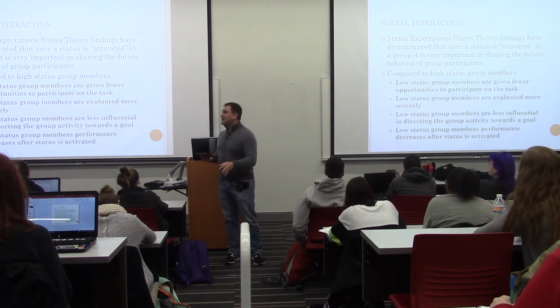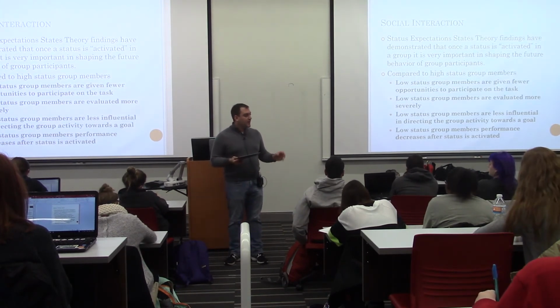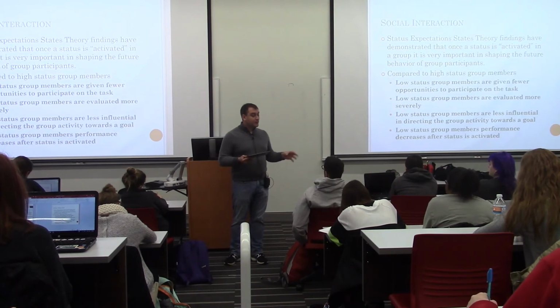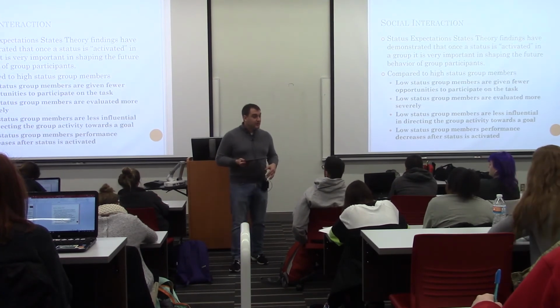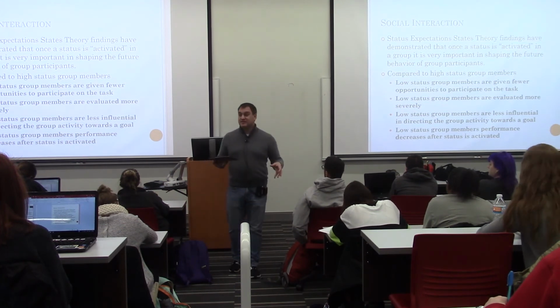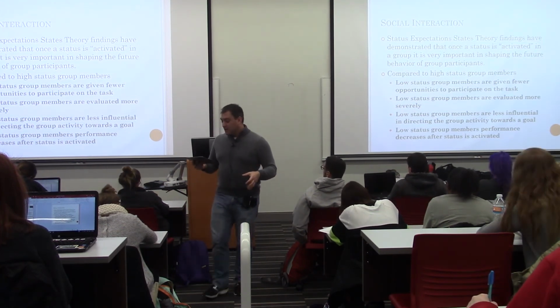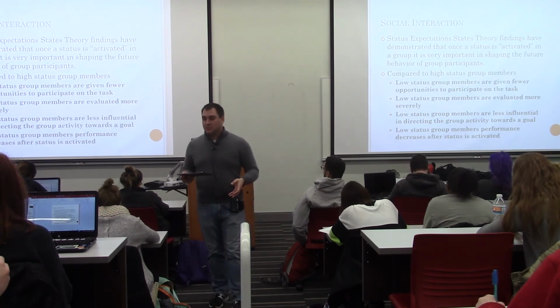We see lots and lots of historical examples of this. The low guy on the totem pole has the best idea or has the critical information that is going to determine the success or failure of the group, and nobody listens to him or her. So low status group members are less influential in directing the group.